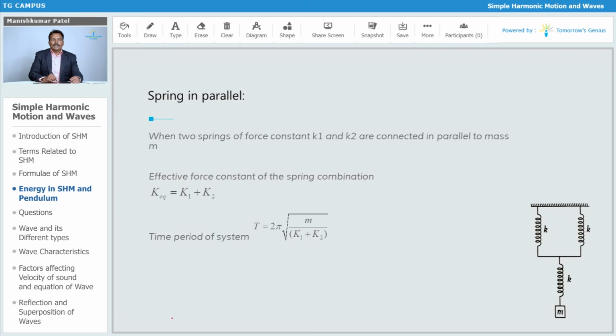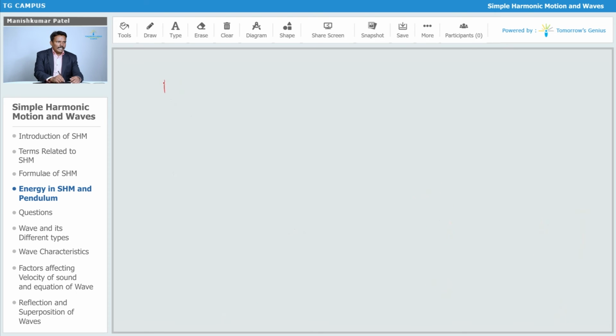Now what will happen when the springs are connected in parallel? Let's say these two springs are connected in parallel, or you can show it in this way also. For example, the block has been connected over here, and you are applying the force in the downward direction. Again, for the spring constant we know that F is equal to minus k into x.